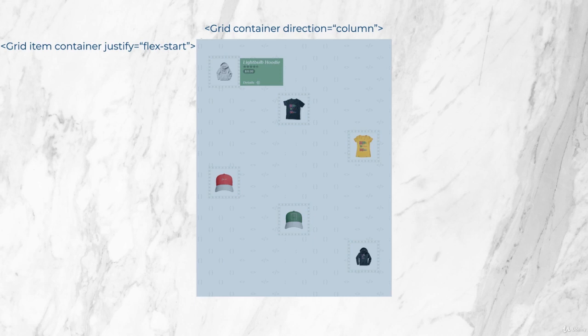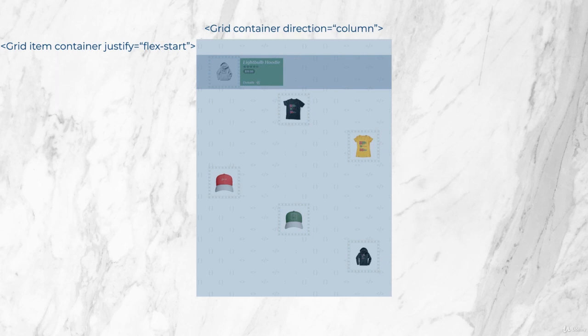And since that is a container with the default direction of row, and we want to align the items inside of it, the actual product image, from left to right, we'll use the justify prop. So for this first one, we'll have a justify of flex start. But then as we go down, the second one will have a justify of center, and the third one will have a justify of flex end. That will then just repeat for the fourth, fifth, and sixth one.